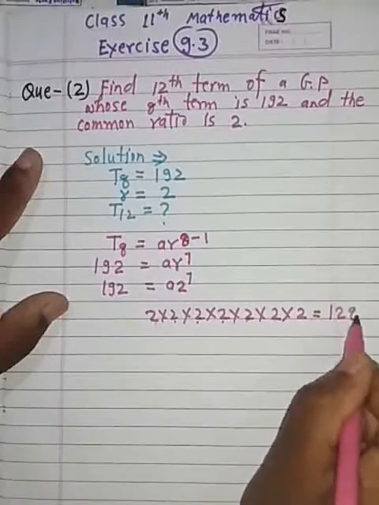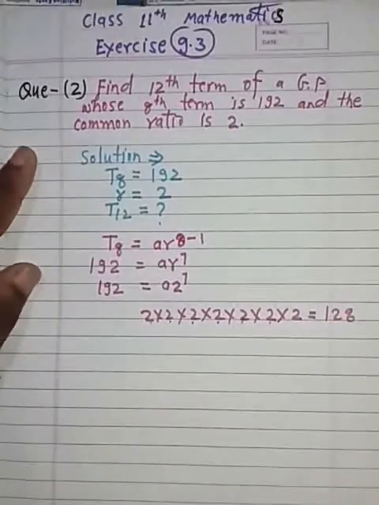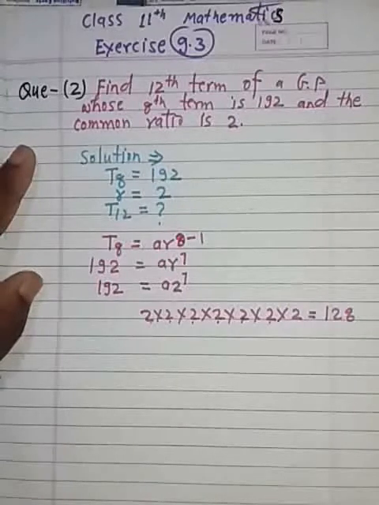It will be 128. 2 to the power 7 is equal to 128.